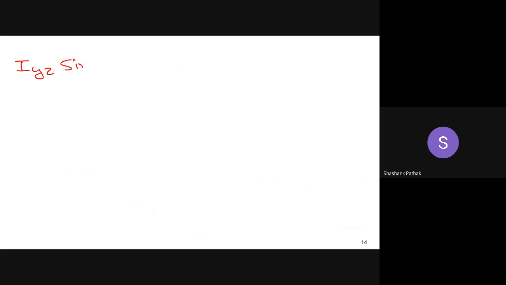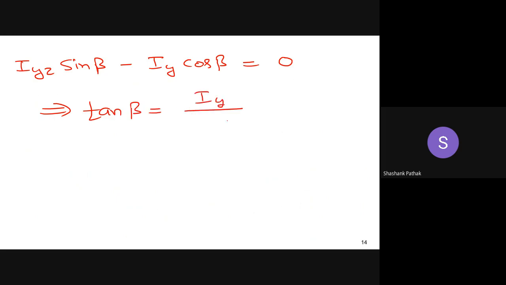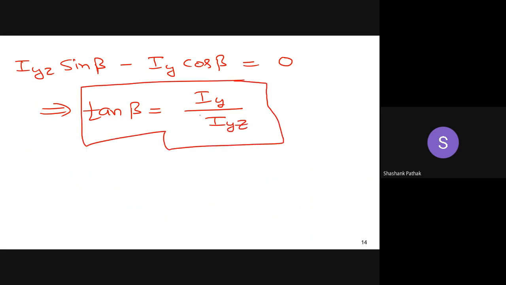So using this, you can write Iyz sine beta minus Iy cos beta equal to 0. From here you get what? Tan beta equal to Iy upon Iyz. So from this equation you can easily identify beta.